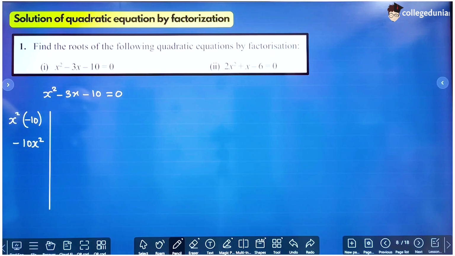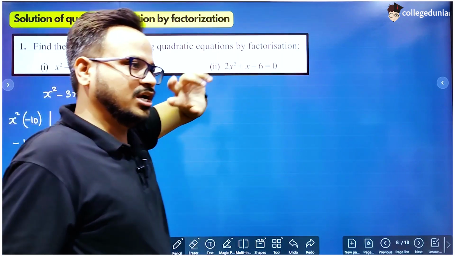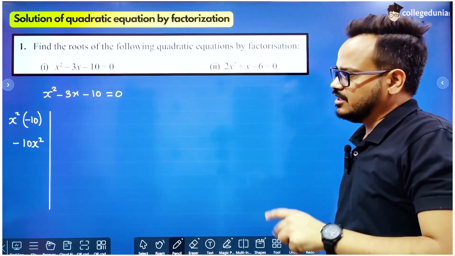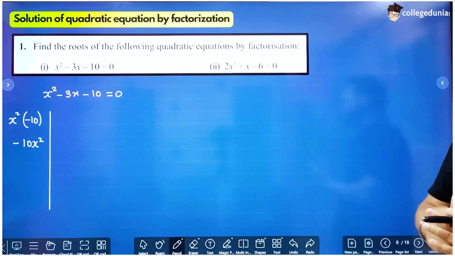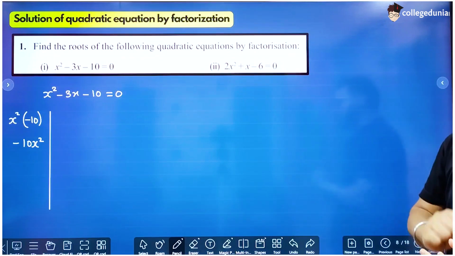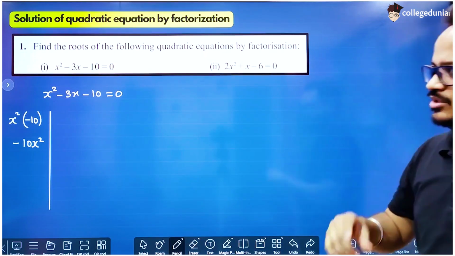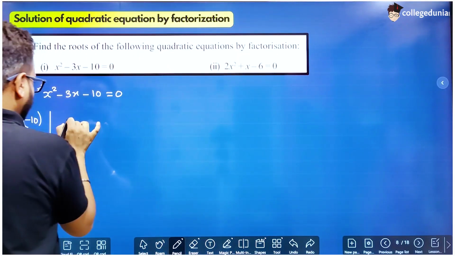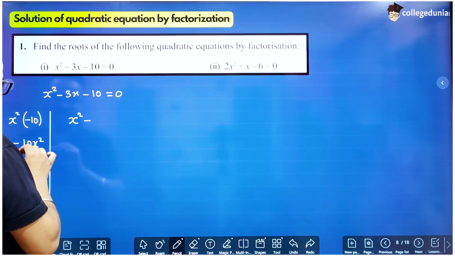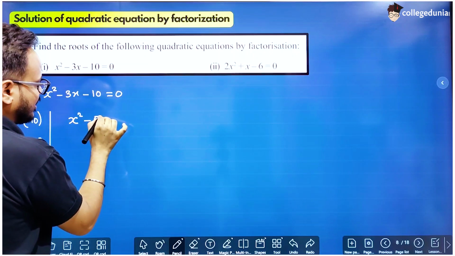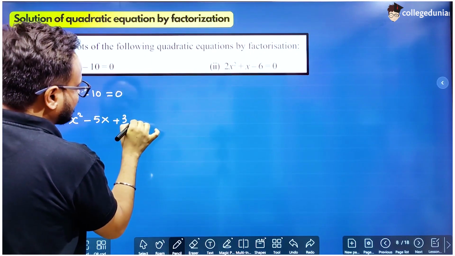So in this case the product is minus 10x square. Now you have to split the middle term, that is the x term, in 2 parts such that their sum is minus 3x, obviously, because we cannot change the question. So the sum should be minus 3x, but the product should be minus 10x square. So you have to think. And those two numbers are, if I need product minus 10x square, I can write it as minus 5x plus 3x.